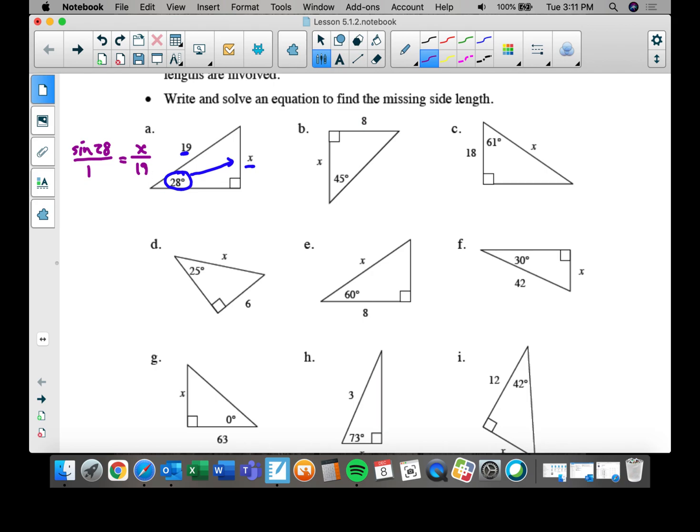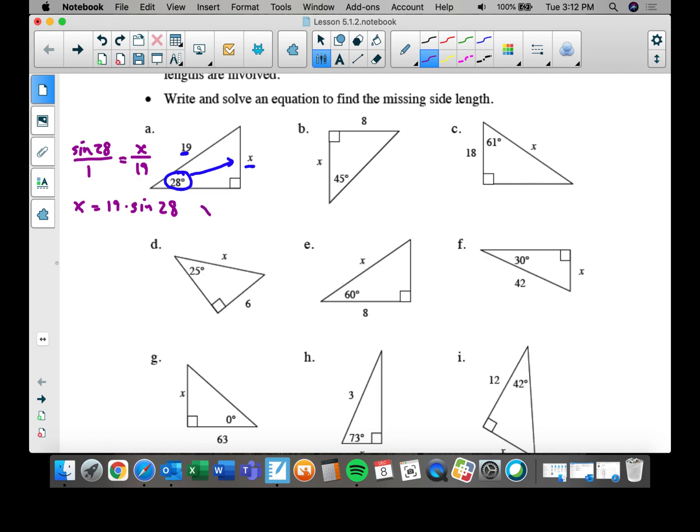That's the work we're going with. Now I cross multiply. x times 1 gives you x equal to 19 times the sine of 28. The nice part about this one is that the x is already all by itself. I don't have to do any solving, and therefore we can just type that into the calculator. The variable's already solved for.